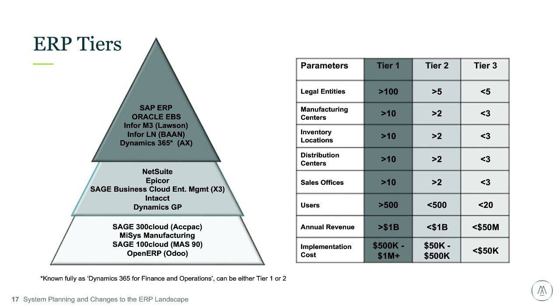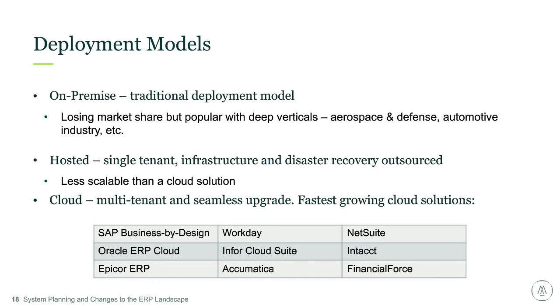So continuing on the ERP landscape, let's look at another way of viewing ERP landscape, and that is the deployment model. Here we are talking about how an ERP system is situated, accessed, and maintained.